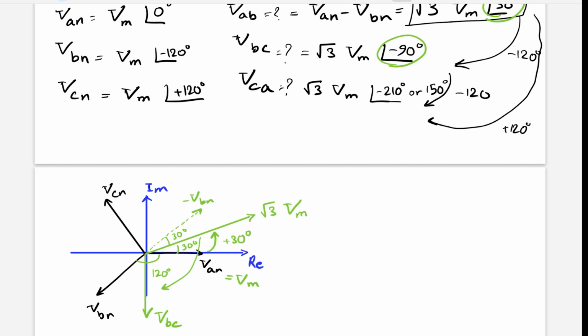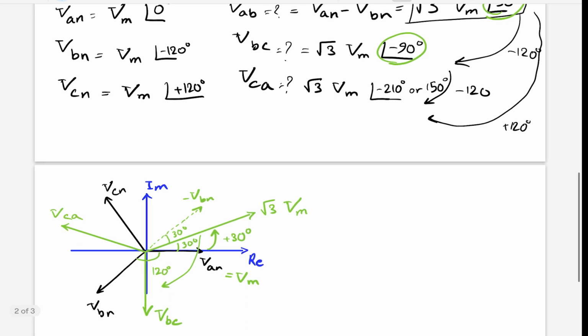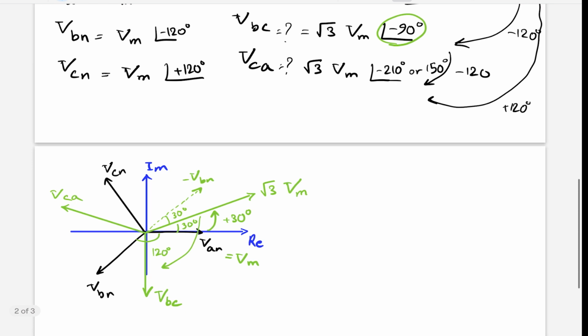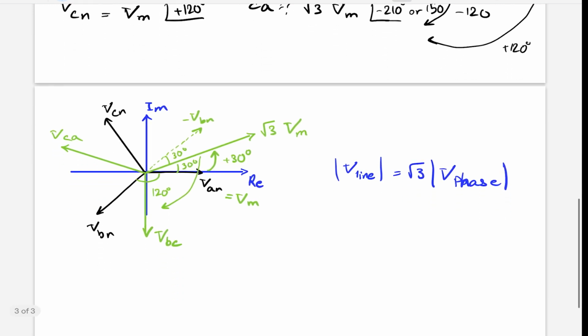And if we go another minus 120 degrees, this will be our VCA. You got the idea, right? Okay. So what we notice is that V line, magnitude-wise, will be equal to radical 3 times V of phase.